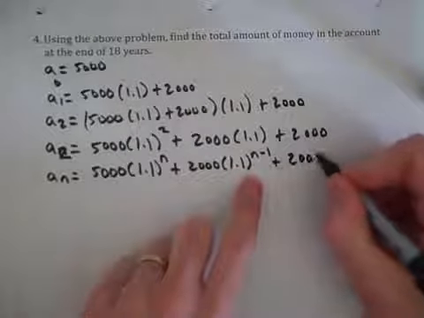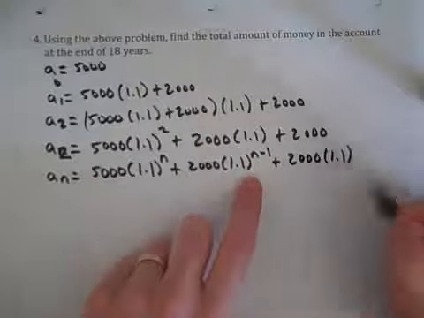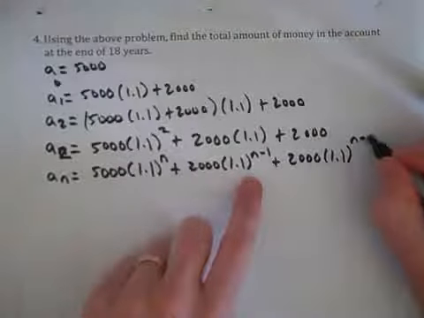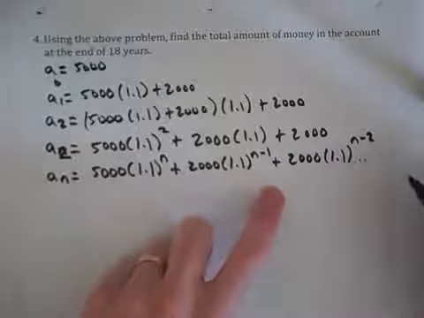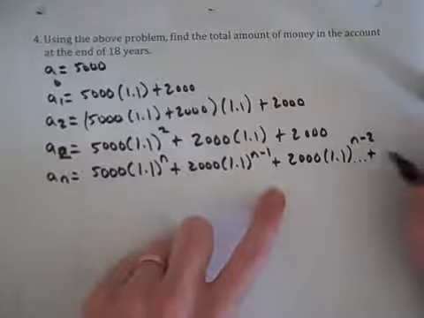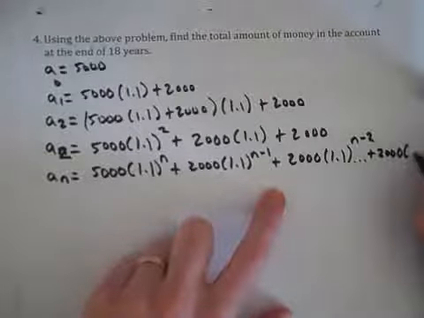This is going to be plus 2,000 times 1.1 to the n minus 2, dot, dot, dot, plus 2,000 times 1.1.